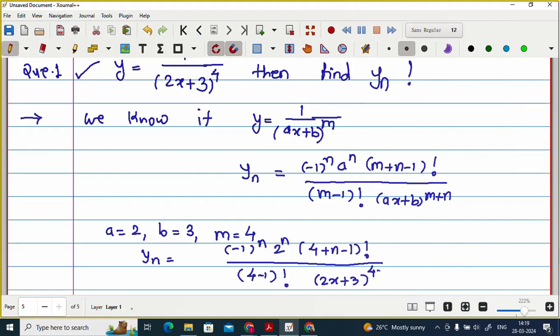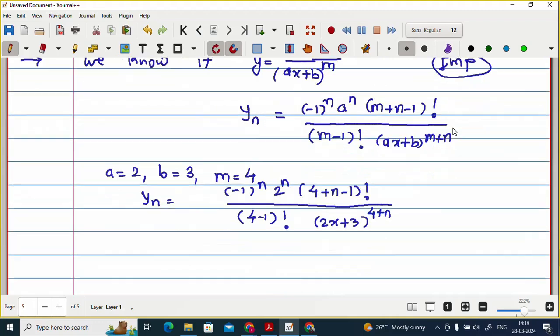So m here is 4 plus n. Initially it looks difficult, but this is a very important formula. It will be useful for all the examples where there are rational terms, polynomial upon polynomial.